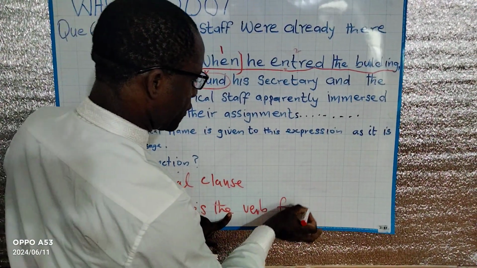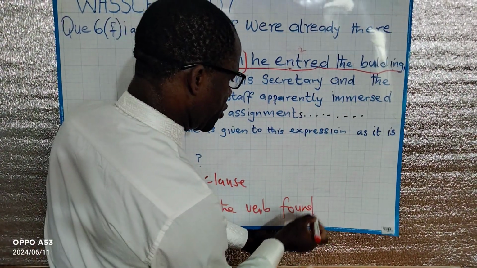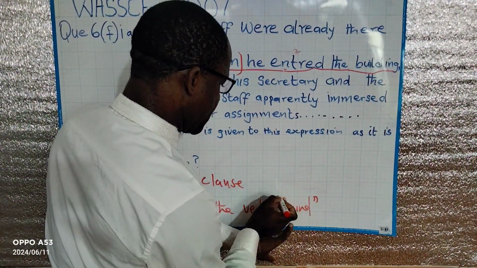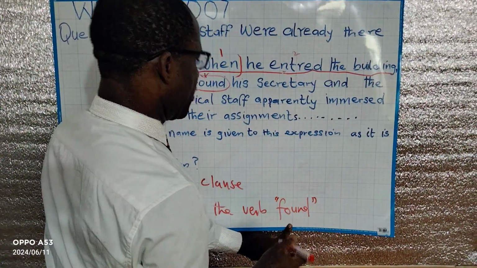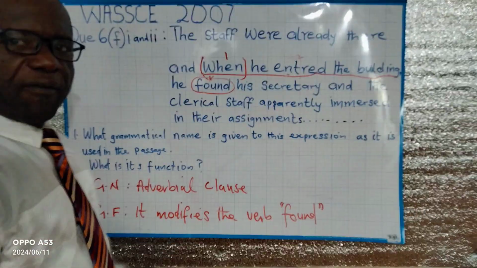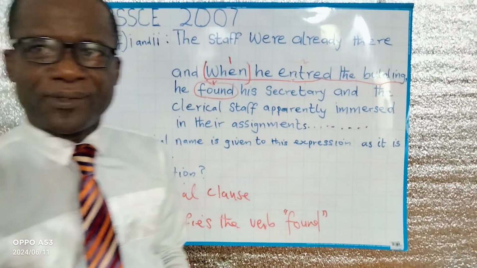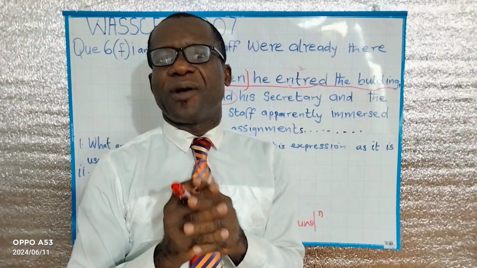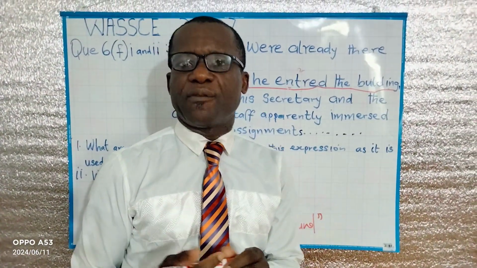As usual, we write it in inverted commas because we are taking it from the passage. So, dear friends, you can see it's very simple to just arrive at your answer using our scientific approach.